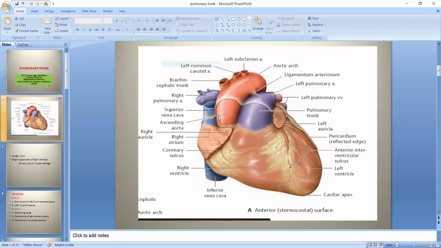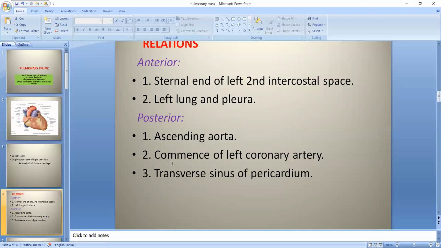So on the posterior side, the ascending aorta, transverse sinus, and the left coronary artery are related posteriorly to the pulmonary trunk.